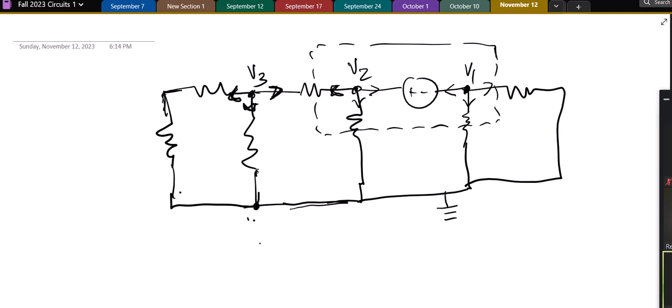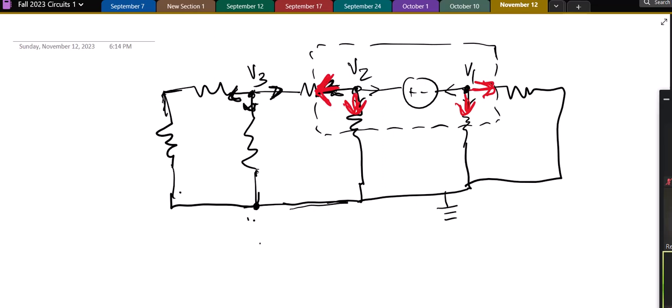And then when I do the currents, the currents I'm going to write are the current here, the current here, the current here, and the current here. I don't do the current between the two nodes because I'm treating these two nodes together. So I don't do that.